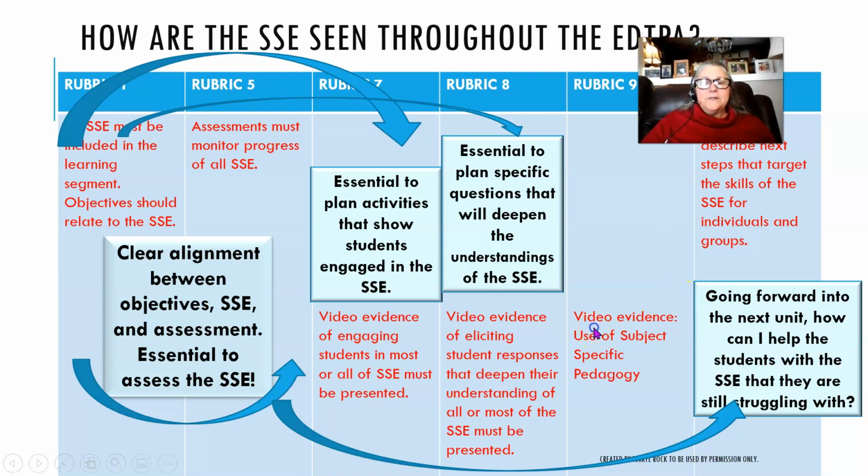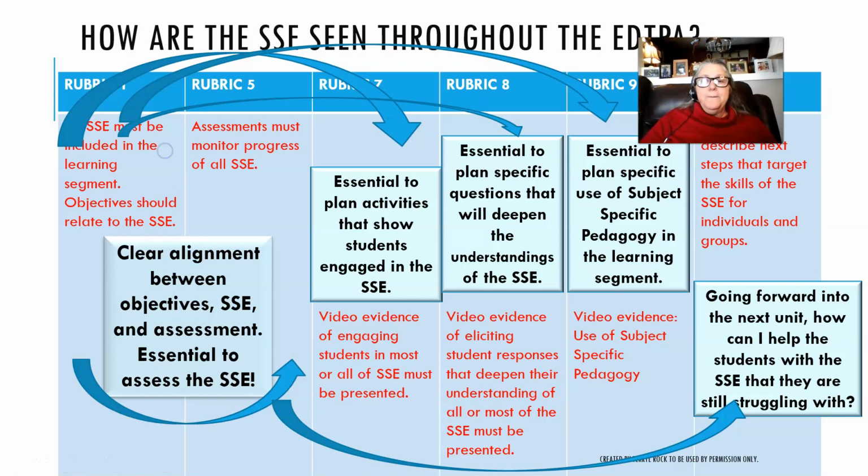And let's look at Rubric 9. It's important in the planning commentary that you plan for Rubric 9 as well. In Rubric 9, you're going to need video evidence of whatever subject-specific pedagogy is set aside for your content. Everyone needs to look at Rubric 9. If you are world language, that is going to be Rubric 8.